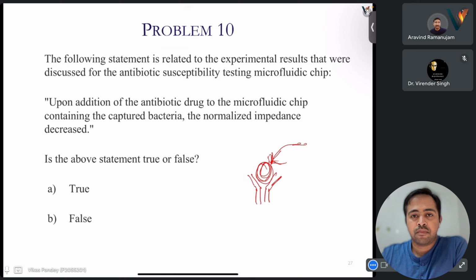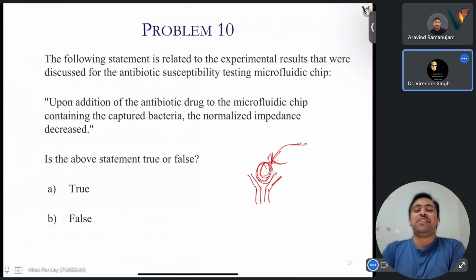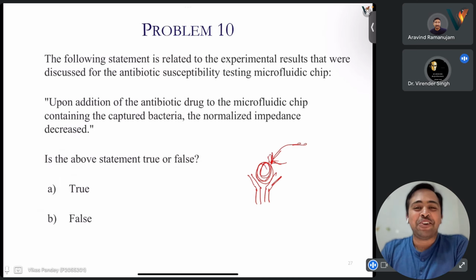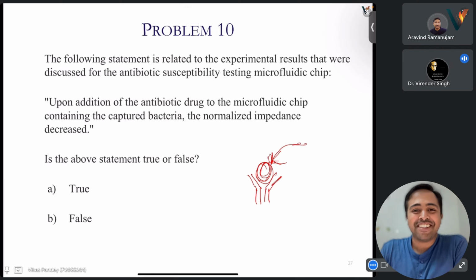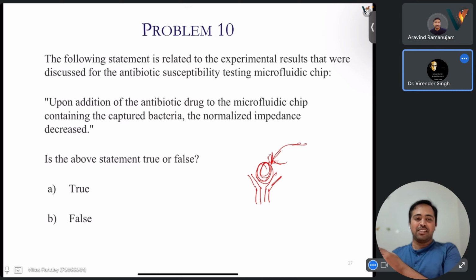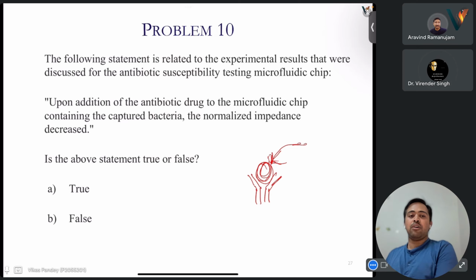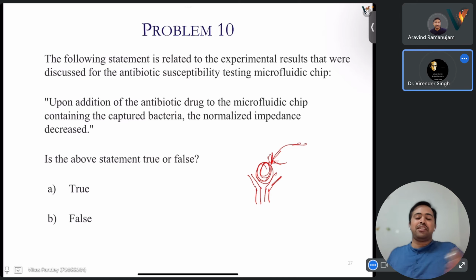I think false. Why false? Because the normalized impedance decreased, it doesn't sound good. But how will we explain? It's a mere guess only. I don't know. Impedance decreases, or let's say, if it is not sounding good, let's say impedance increases.